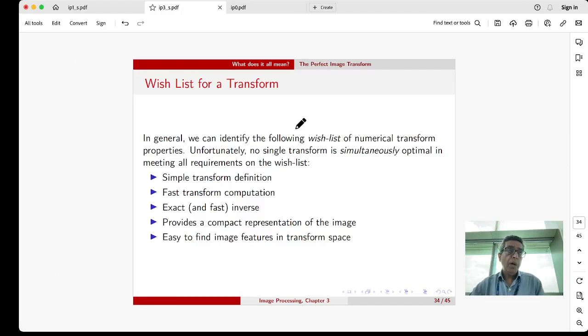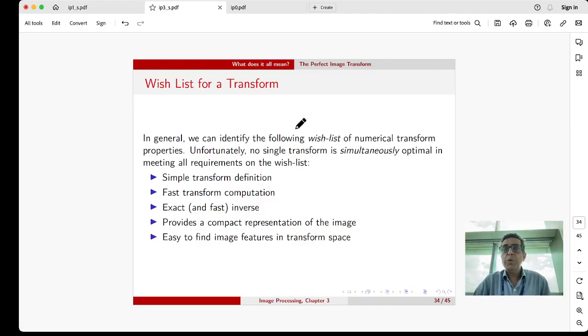So what do we want our transform space to give us in terms of properties? If we were designing one and we wanted a wish list of properties for transform space which have some advantages over the representation of the image in image space: first of all, we don't want to spend a lot of time doing our transform. And secondly, if I define an image transform, I want to be able to very easily convey that definition to someone else so they can define the same transform.